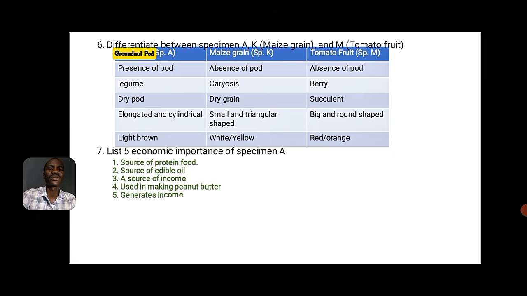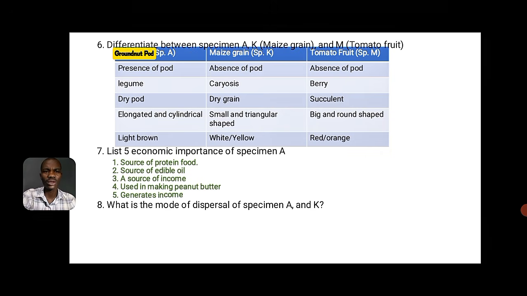Then it is a source of income. For those people who are into farming, groundnut is a source of income. Number 4, it can be used to make peanut butter. And number 5, it can also be used for feeding animals. That is, the pod can be used to feed animals.